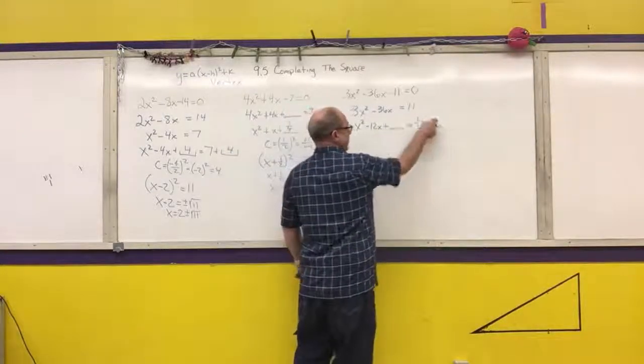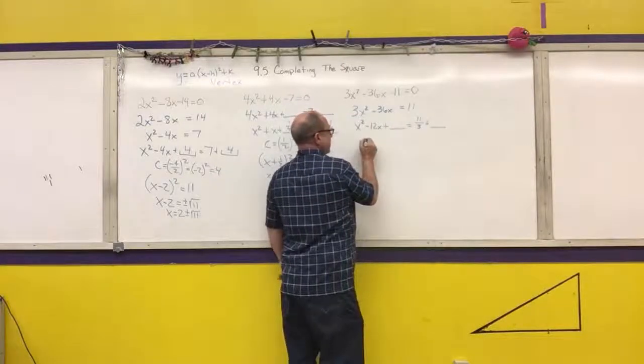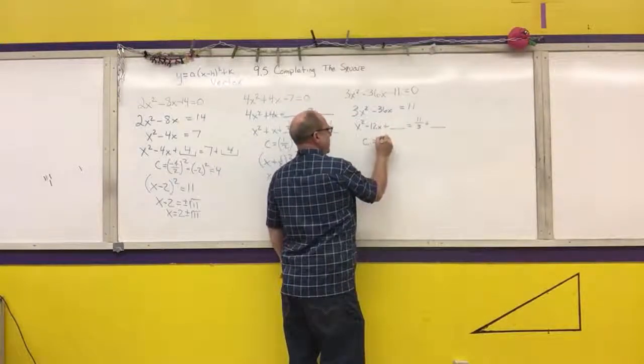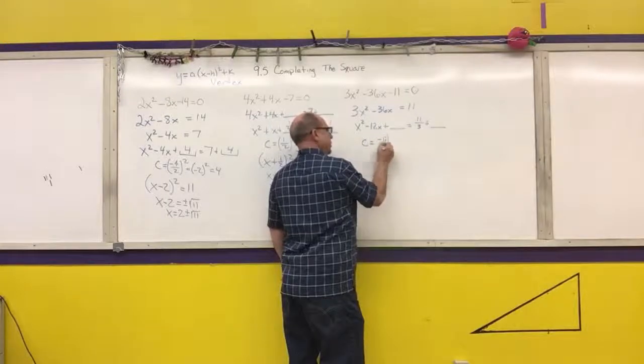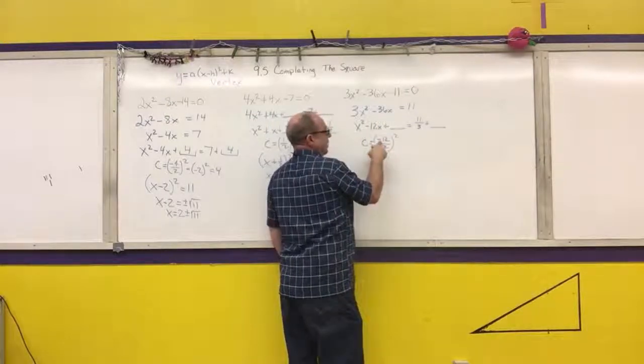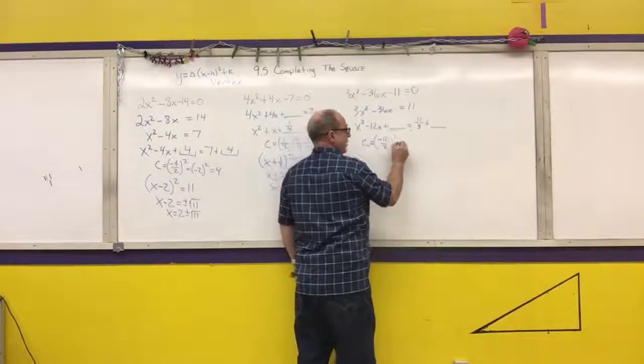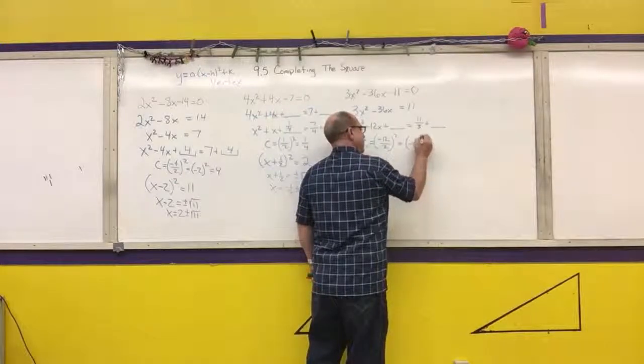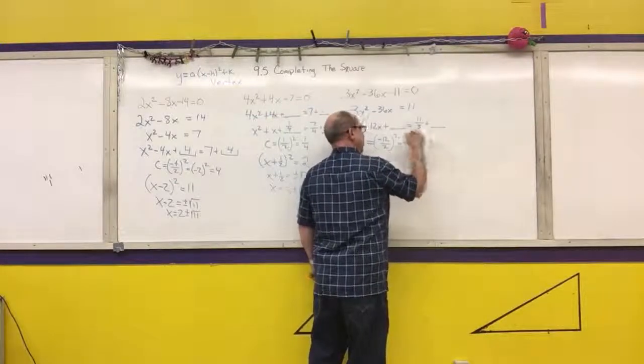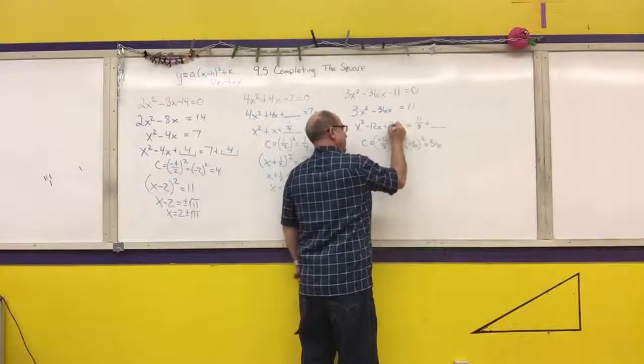Find out my c term that's going to go into both of these blanks. C is equal to b over 2 squared. Negative 12 over 2 is negative 6 squared, which is 36. That goes into both blanks.